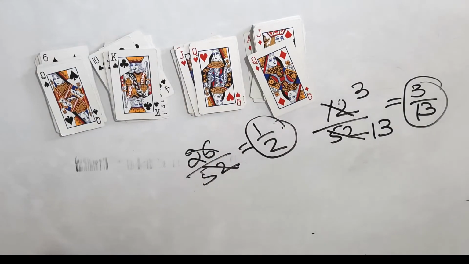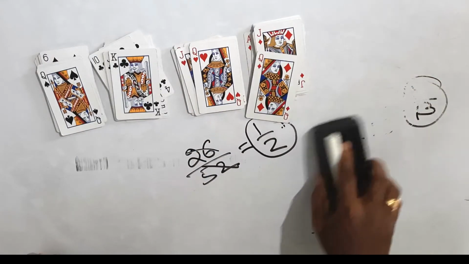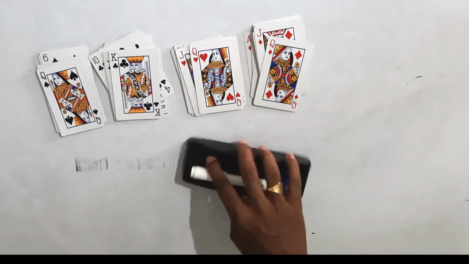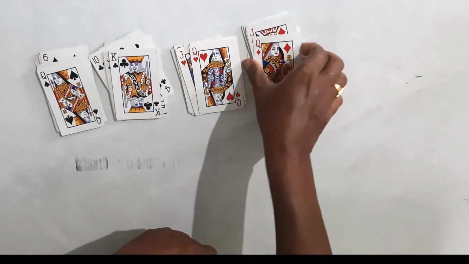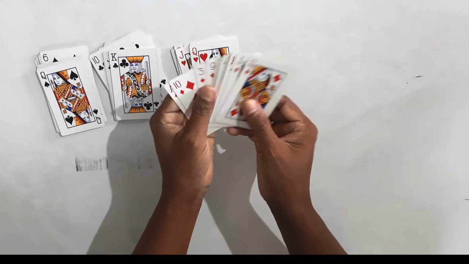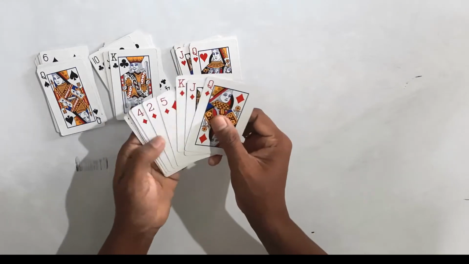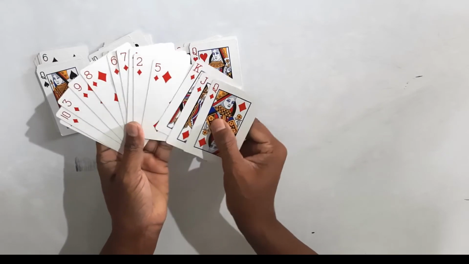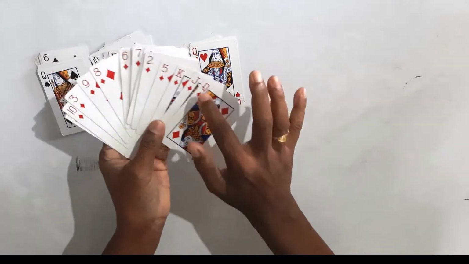Now let me erase this one. Now I am taking these diamond cards in my hands. Look here, in these cards, these 3 are face cards.